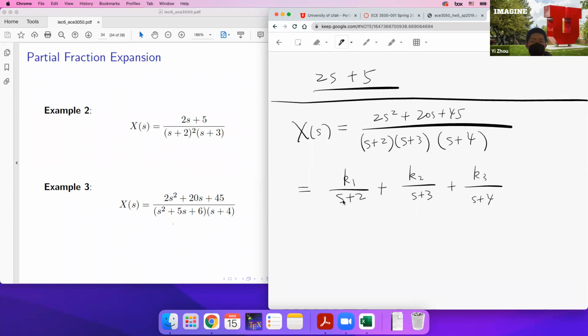To figure out K1, you multiply both sides by S plus 2, and then evaluate both sides at S equals -2. To figure out K2, we do the same thing with S plus 3, and S plus 4 for K3. So you don't have to factorize the numerator. Only the denominator is the key part.